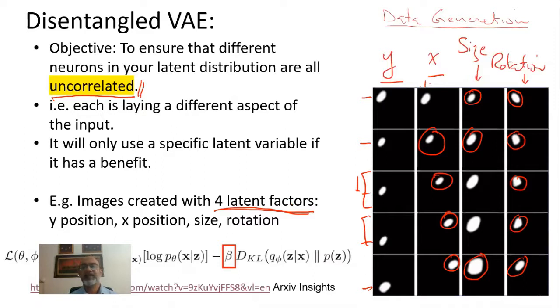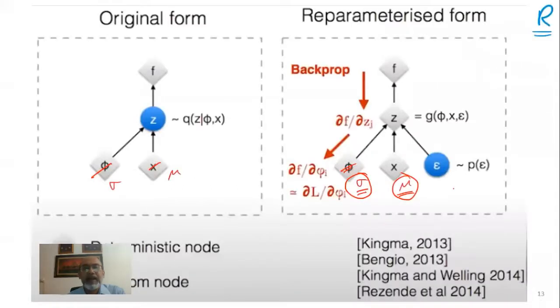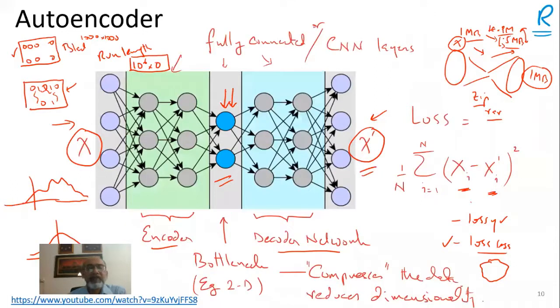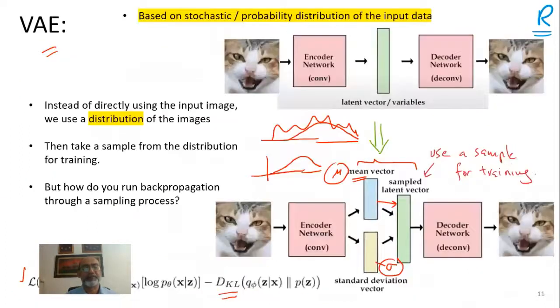Once a large variety of such images are created, we're going to use some kind of an autoencoder and try to learn if we can figure out what those 4 parameters are that represent the X, Y, rotation, and size, and whether they can separately be learned or not.